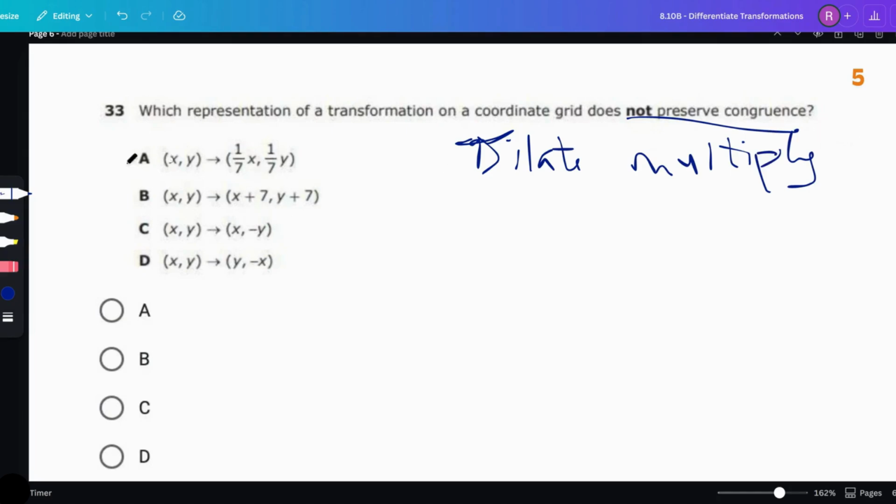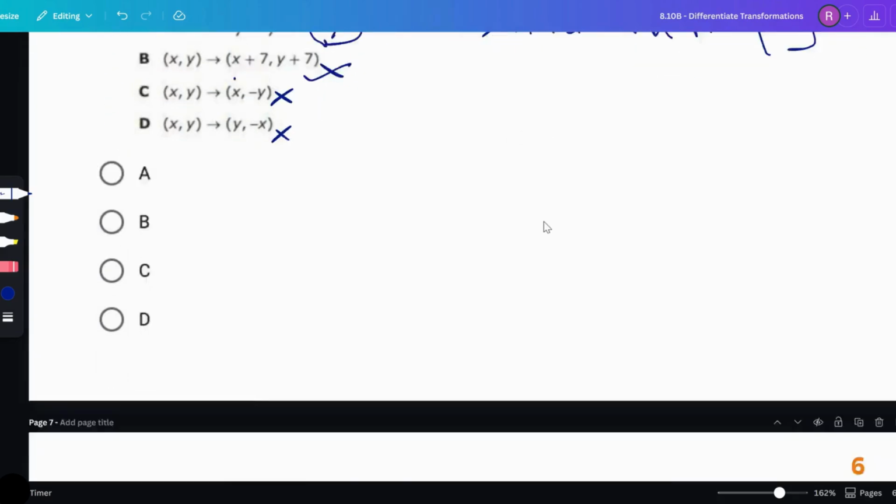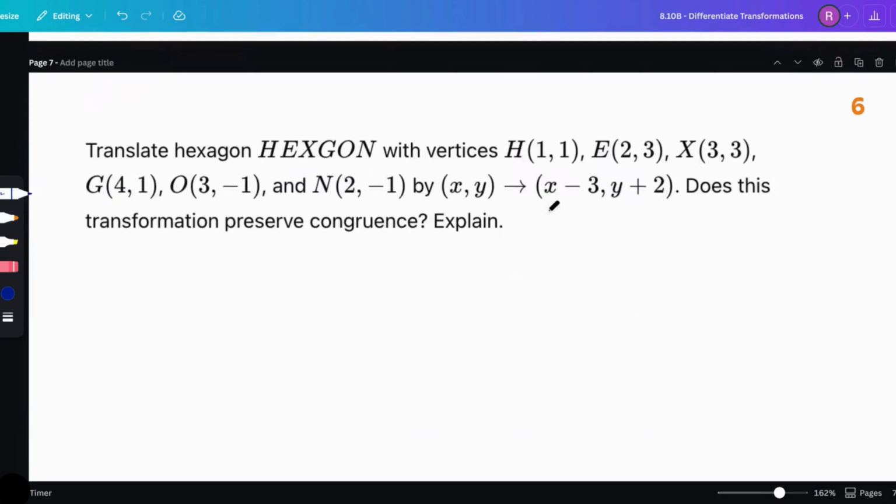And if you look at this one, this is the answer because we are multiplying by a number that is less than 1, which means the size will become smaller. But for this one, we are adding. The shape will not change. These ones are reflection and rotation or whatever. But this first one, we are multiplying, that's dilation. So the size will change. So it will not preserve congruence, because for congruence, the shape and the size must remain the same.